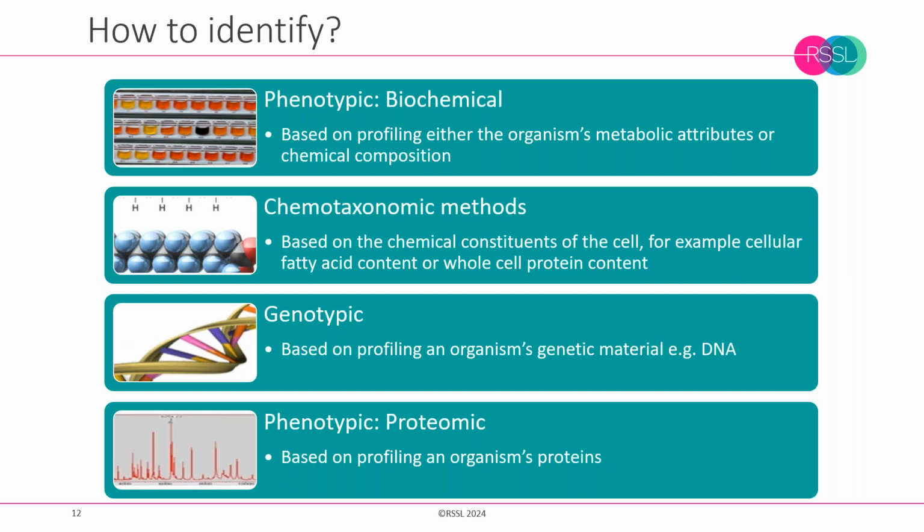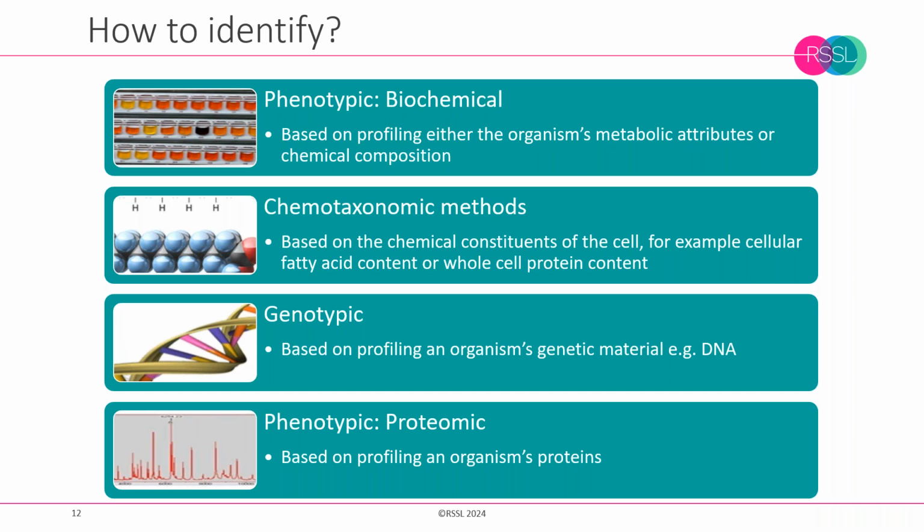But beyond basic staining, we have a wide variety of identification methods, and we can split those into three groups. Some prefer two groups, but we'll discuss three. So we have phenotypic methods, which are based on morphological, physiological, and/or biochemical features that are expressed by the organism as it grows.